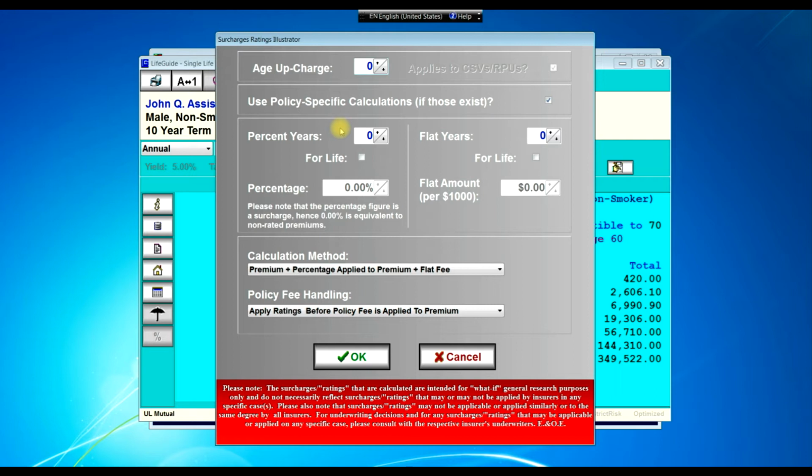Percentage rating could be any percentage surcharge, however, but when referred to as table rating, the tables are most often in increments of 25%.